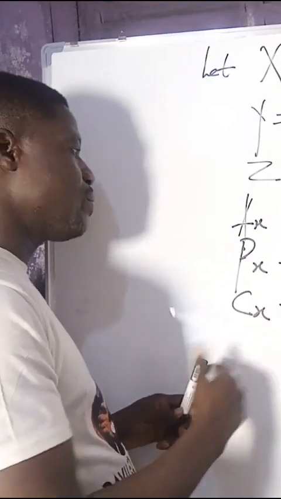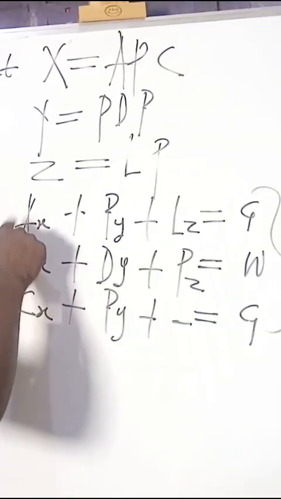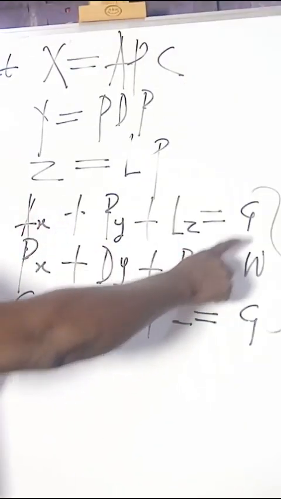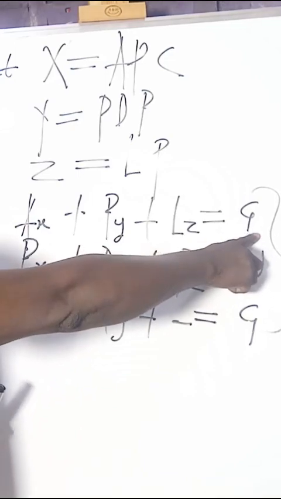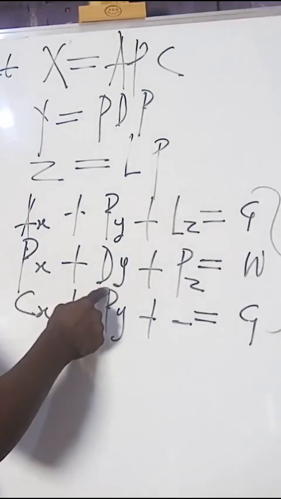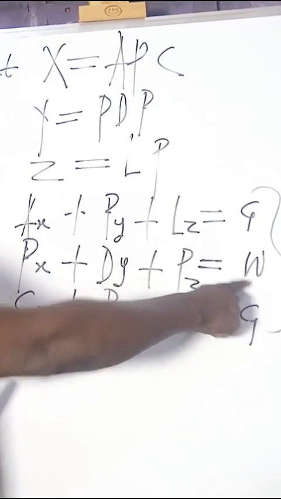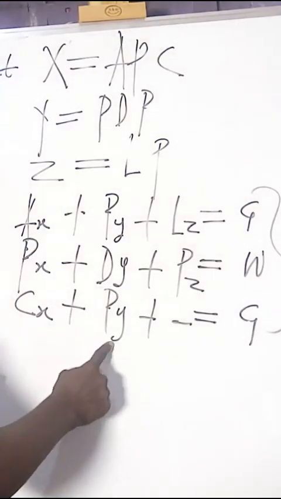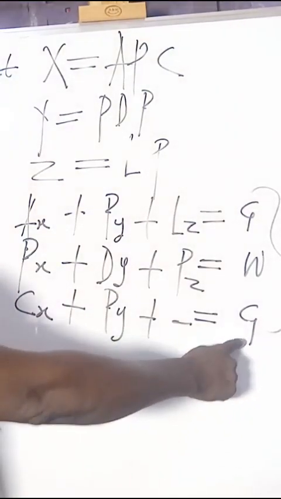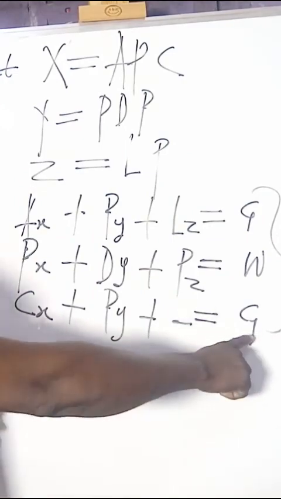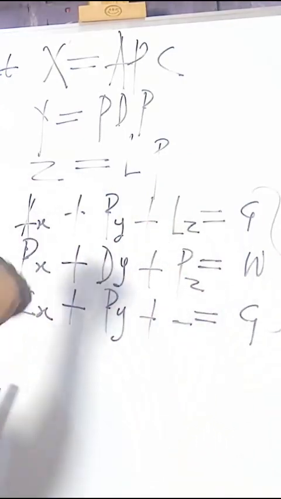So with this we have AX, PX plus PY plus LZ is equal to G, representing green. Then PX plus DY plus PZ is equal to W, which represents white. And of course CX plus PY plus dash is equal to G, which represents green in our national flag.